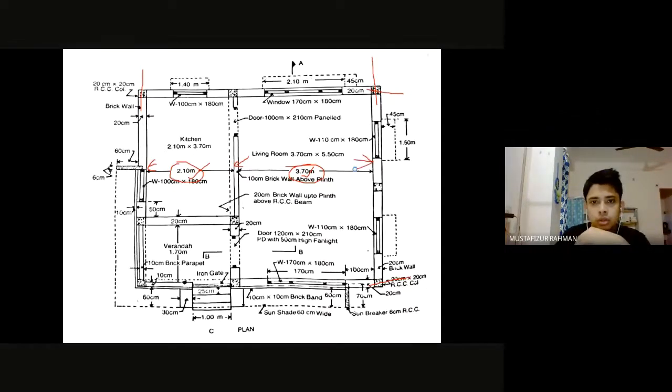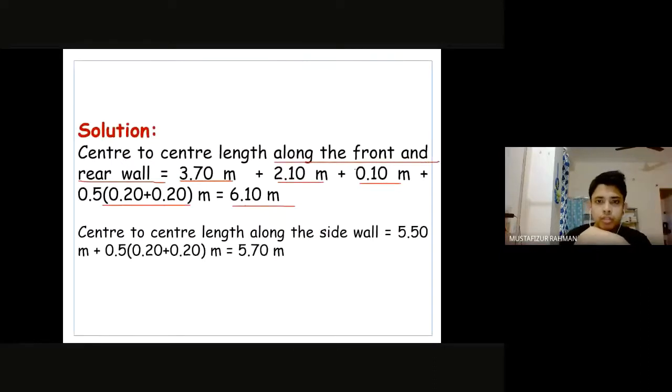So 3.7 meter for one room, 2.1 meter for one room, 0.1 meter for the wall in between, and then half of 0.2 meter for one side and half of 0.2 meter for the other side. Finally, we get this center to center value.